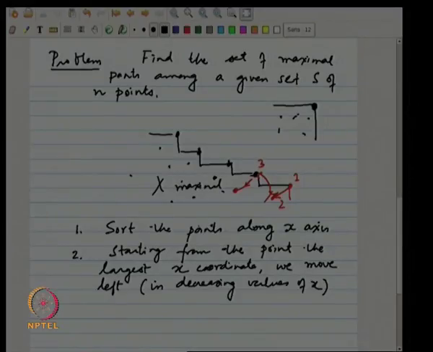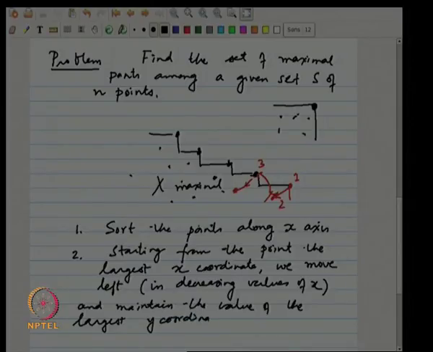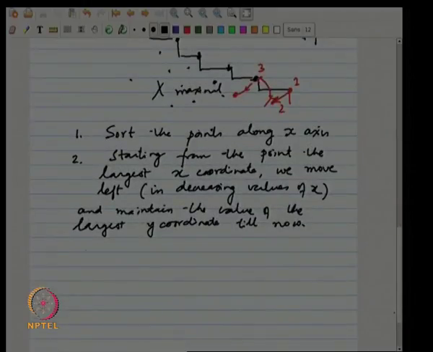Starting from the largest point, we move and maintain the value of the largest y coordinate. Let us call it y max.